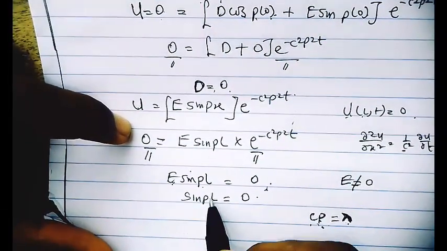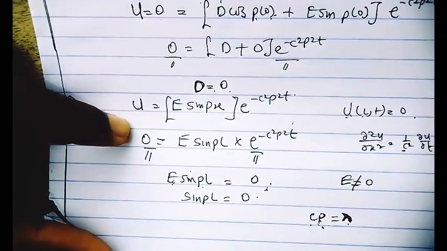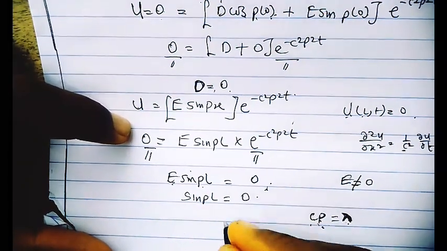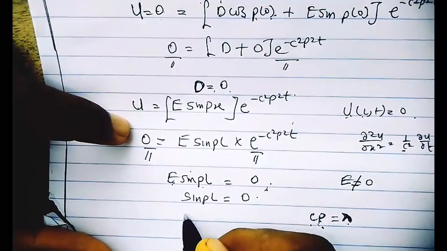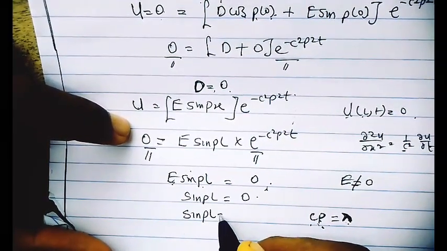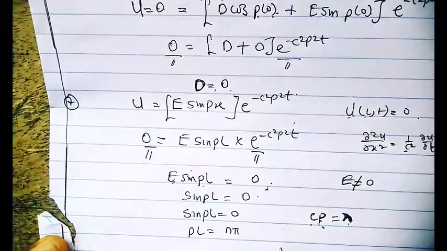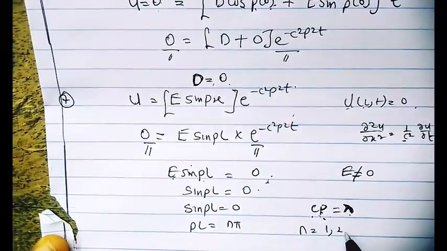The values that can make a sine function equal to 0 are consecutive multiples of pi: 1, 2, 3, 4 pi. So sine pl is equal to 0 means pl is equal to n pi, where n is 1, 2, 3, and so on.